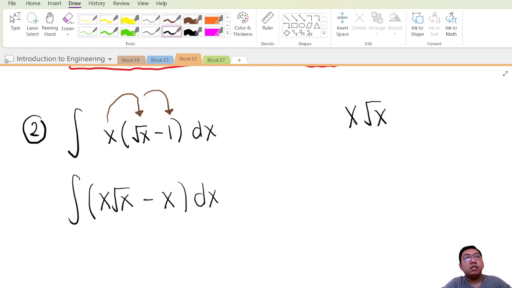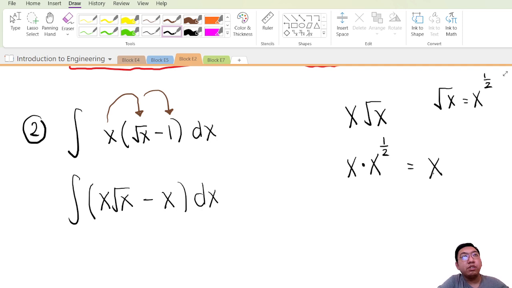In this case, remember that the meaning of square root is basically power of 1/2, right? So it is also valid to say that x multiplied by x to the power of 1/2. Okay? So you need to apply your rules of exponents to simplify it further.